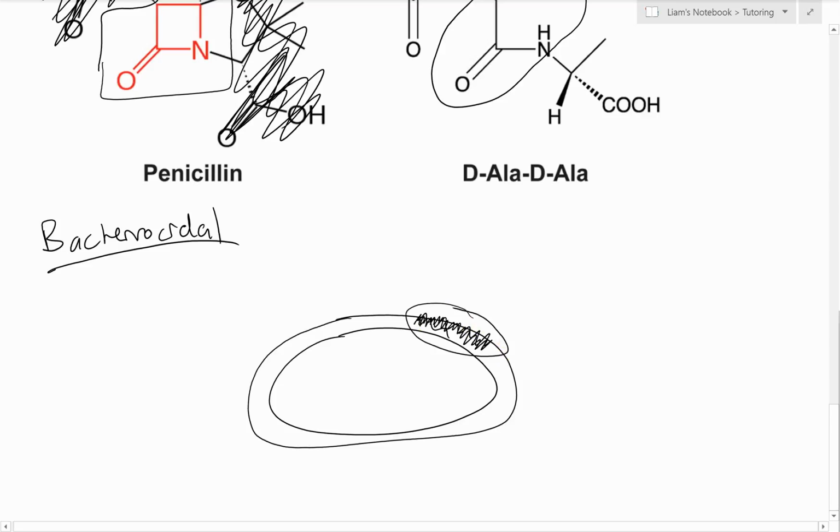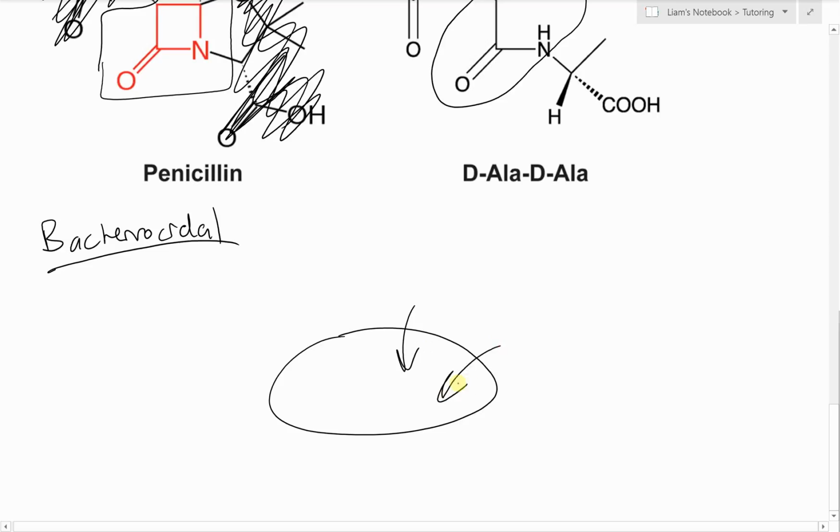The best thing we can do is just knock out the entire wall and we'll try and start again. So it does that and it eats away its wall. But when it does that, suddenly there's nothing stopping the cell from swelling. This is really concentrated in here and dilute out here, so water flows into the cell. The cell swells and then it lyses and the bacteria is dead. So that's how those beta-lactams work.